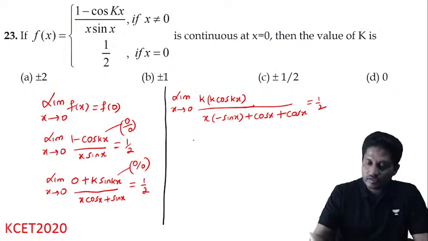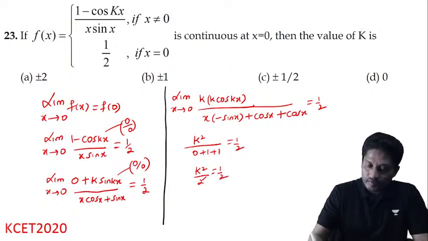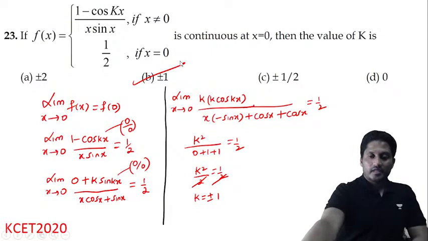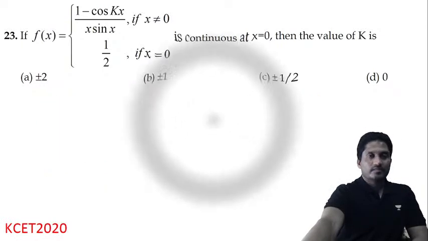Now if x tends to 0, you get k square by 0 plus 1 plus 1 is equal to 1 by 2. So k square by 2 is equal to half. K square is 1, right? So k is equal to plus minus 1. Answer is option B. Alright, let's move to the next question.